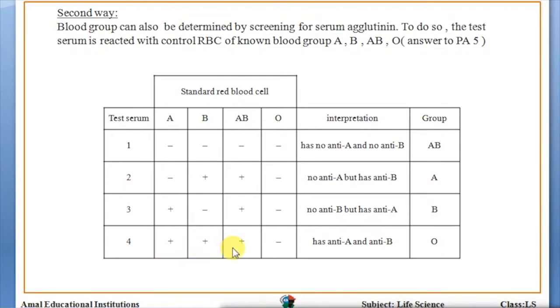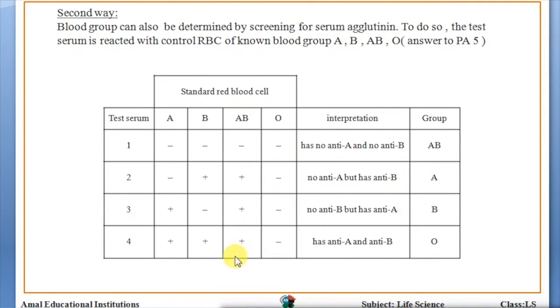So this is going to imply that the serum here has anti-A, which has caused agglutination with A antigen, that is antigen A, and it has anti-B antibody that had caused an agglutination reaction with the antigen B. Of course, agglutination reaction happens with the red blood cells having A and B, but no agglutination happens here, of course, since O has no antigen.